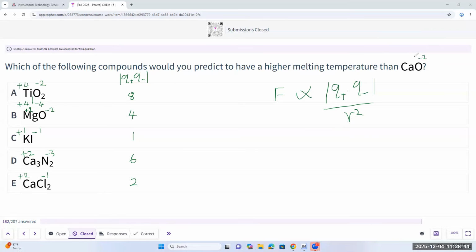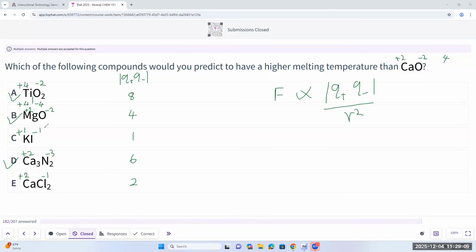And calcium oxide on the other hand is -2 for oxygen and +2 for calcium. Charge product is 4. Okay, so these guys D, A, and B have charge products greater than or equal to calcium oxide.